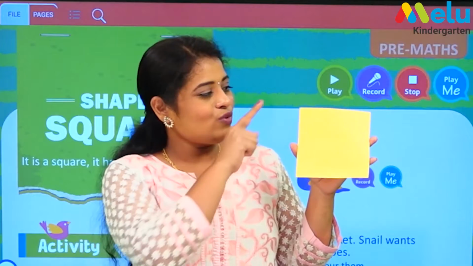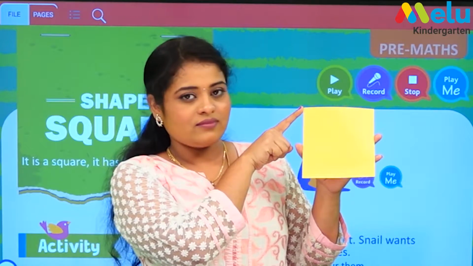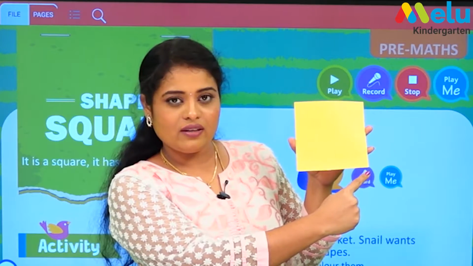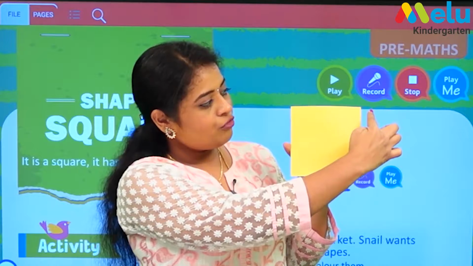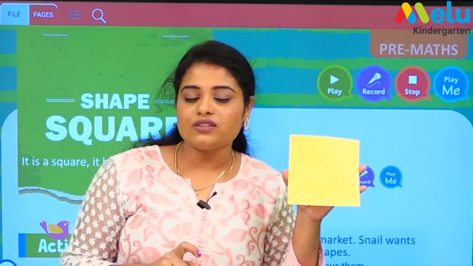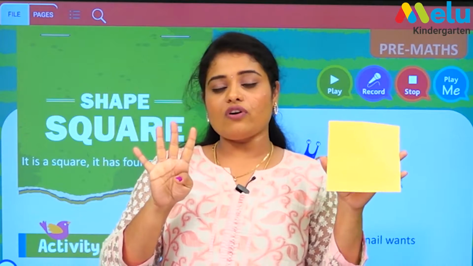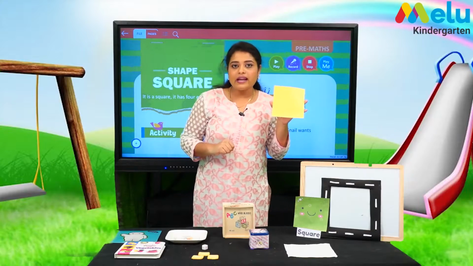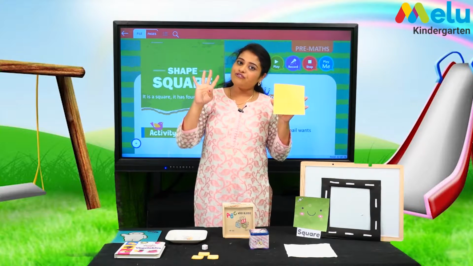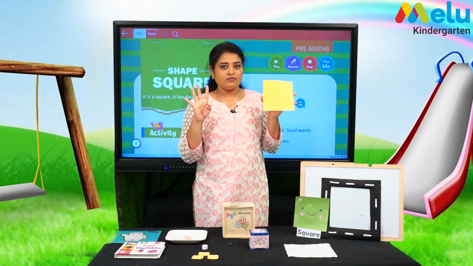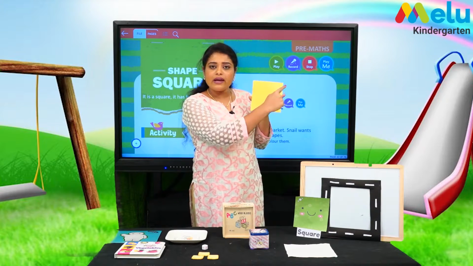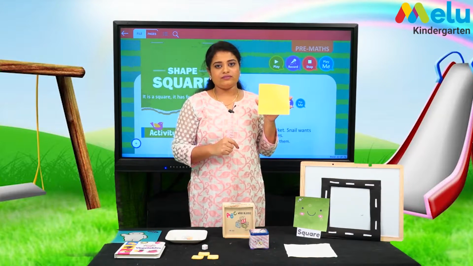Let's count. 1, 2, 3, 4. So, how many corners are there in a square? 4 corners. So, a square has 4 sides and 4 corners. And remember, children, all the sides in a square are equal.